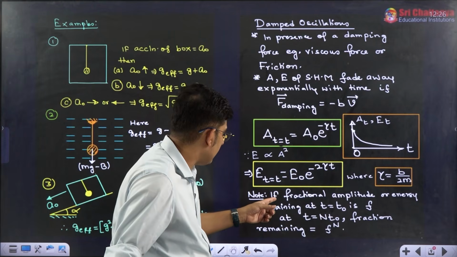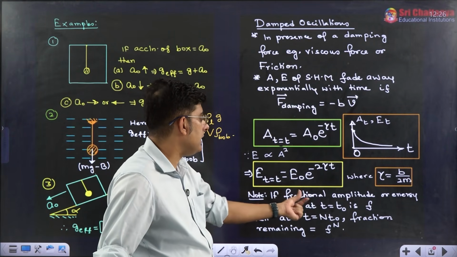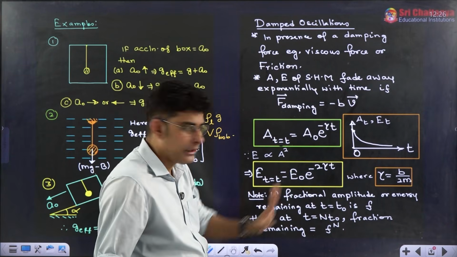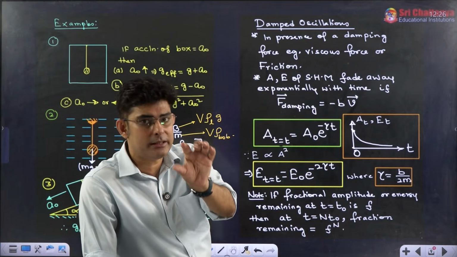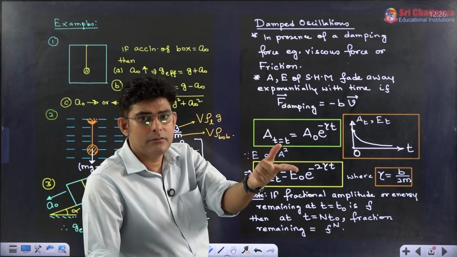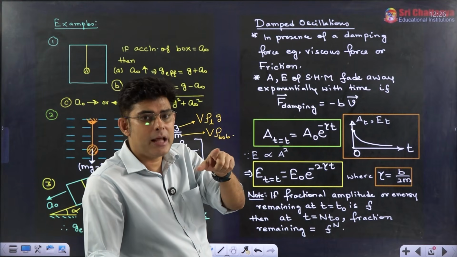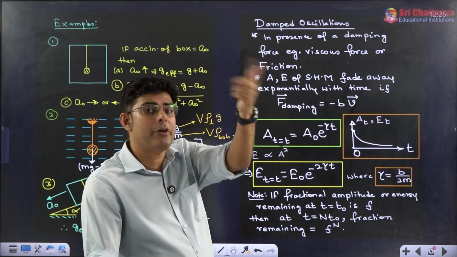So if the fractional amplitude or energy remaining at t equals t naught is f, then in the next time interval t naught, the fraction will be the same of the previous one. So now the fraction will become f of f, f square. Next it will become f of f of f, f cube.